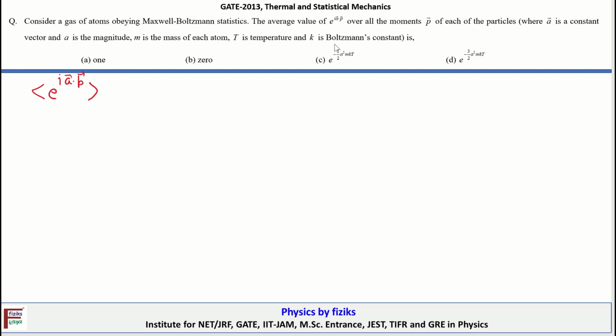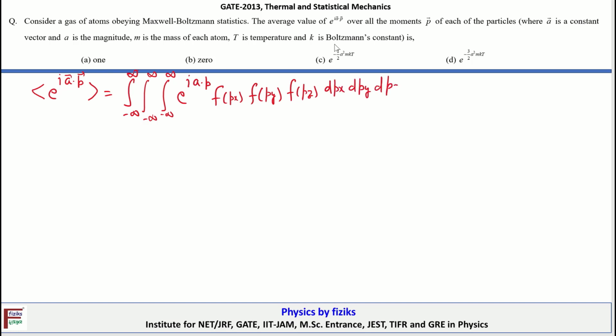By definition this is equal to, we will make use of the Maxwell-Boltzmann probability distribution in one dimension, from minus infinity to infinity along three different directions, and then the physical quantity exponential iota a dot p here, and then f of px, f of py, f of pz, dpx, dpy, dpz.